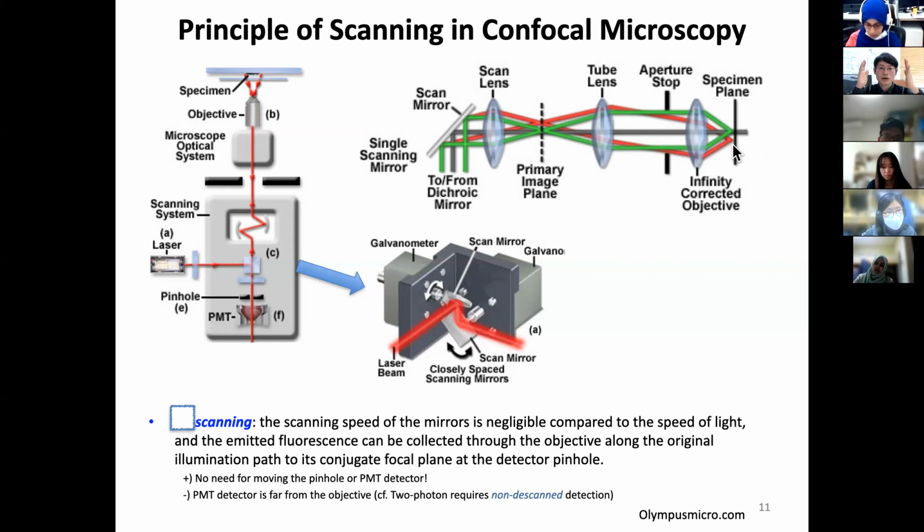Now, think about the reflection light. Reflection light goes back exactly the same geometry of red or green, but that scan mirror position is staying there relatively, so it comes back to the same position. This is the key of this scan mirror, and what that means is the emission light will not be changed after the scan mirror.